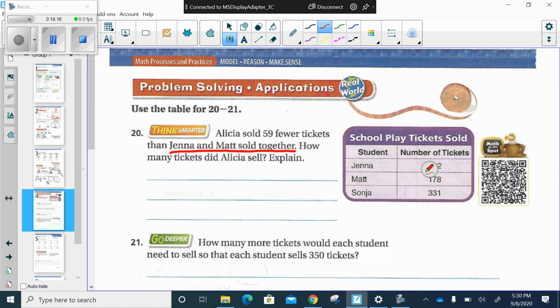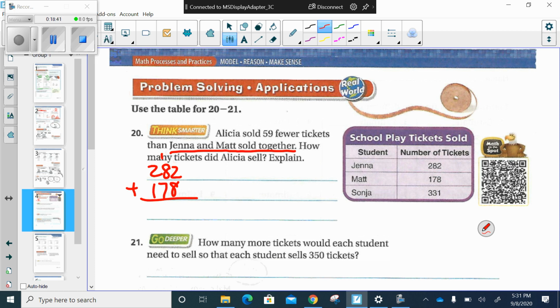So let's look here. Jenna sold 282. And Matt sold 178. And it said together. We have to see how much they did combined.